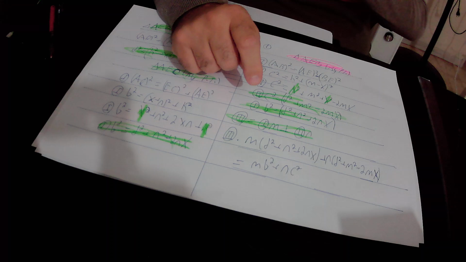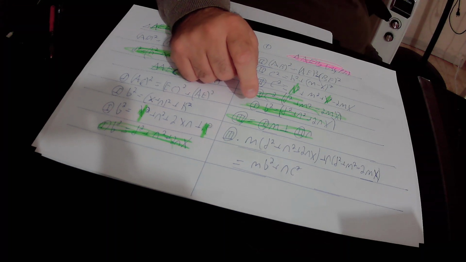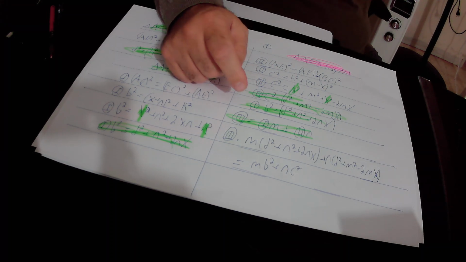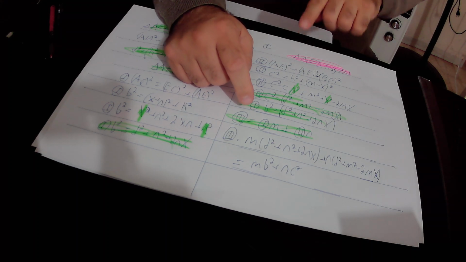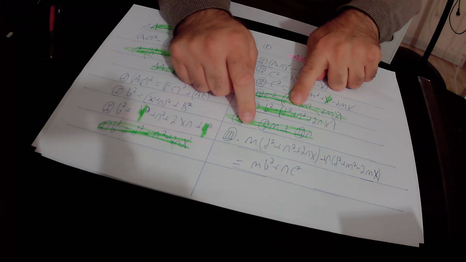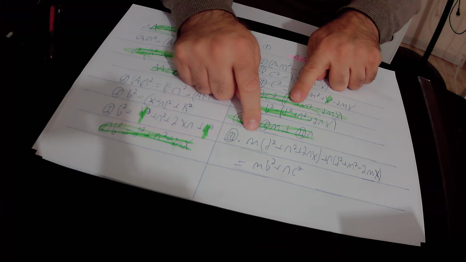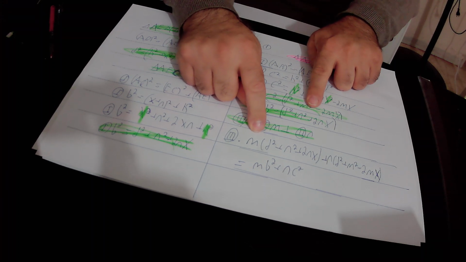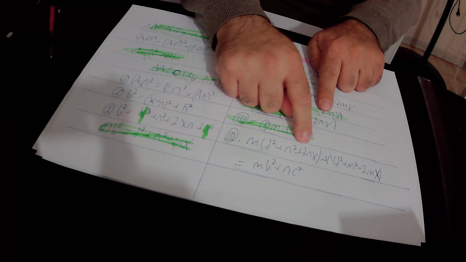So we did it in 2 steps. In the first step, we multiplied the right side of equation number 1 by M, so it is M times the brackets containing D squared plus N squared plus 2 times NX.